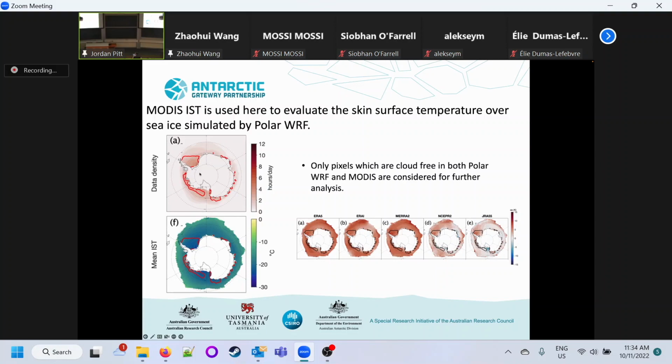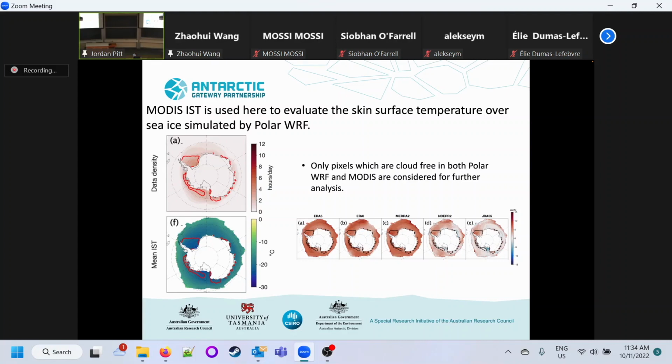The data availability of the MODIS ice surface temperature is pretty good at the CS region, and this is the mean status of the ice surface temperature measured by MODIS. Previously we found that reanalyses like ERA5 and ERA-Interim, and also our Polar-WRF model simulated surface skin temperature, have a considerable warm bias over the CS.